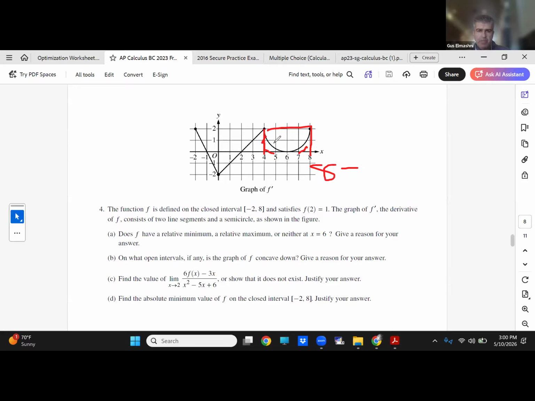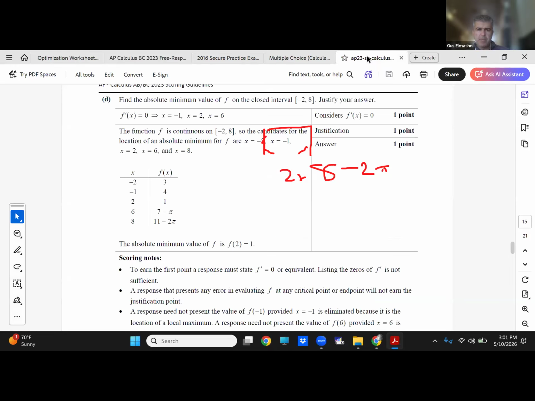And the semicircle, the full circle is 4 pi, so it's minus 2 pi. Yep. And of course, you have 2 plus that. I wonder how I got 11 minus 2 pi.